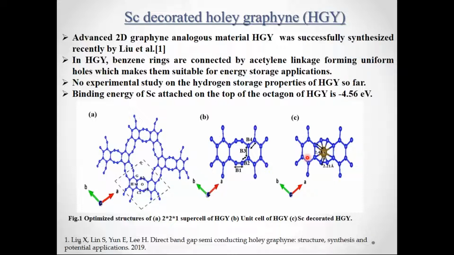The metal atom has been placed at different positions, and the most stable position is the octagon position, when the metal is decorated on top of the octagon of holey graphene. This has a binding energy of 4.56 eV, which is more than the cohesive energy of the scandium atom. That means this metal will prefer to bind individually on the holey graphene structure instead of forming clusters.